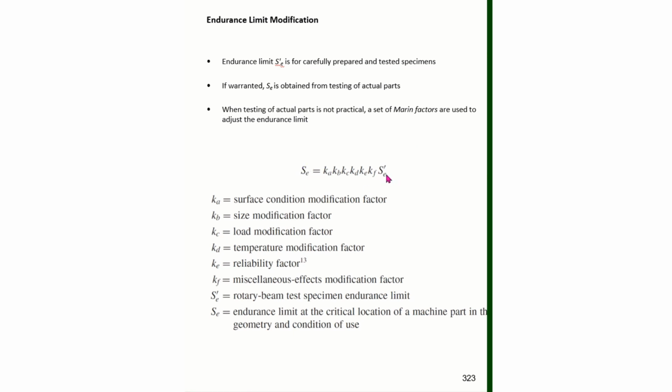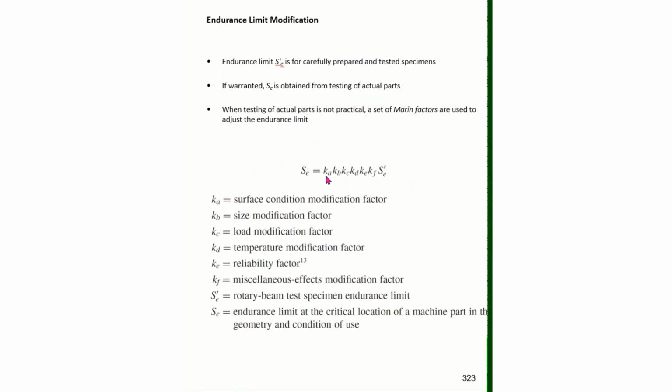Our unmodified endurance limit is Se prime, which is given by the equations here on the previous page. We now want to go through and compute these individual Marin factors.